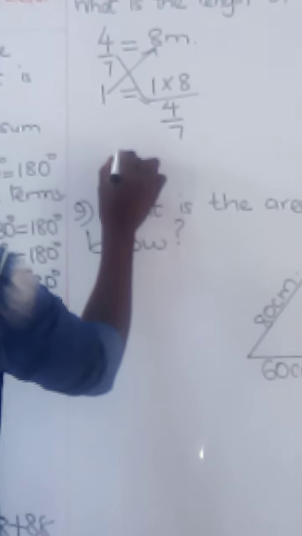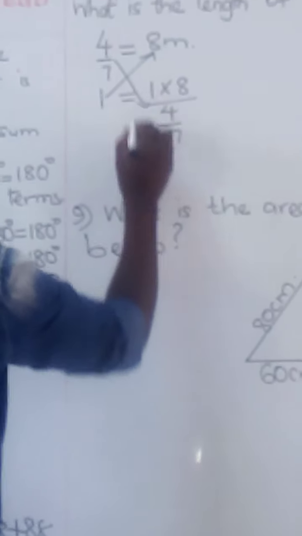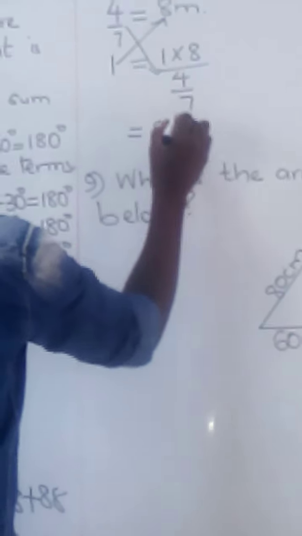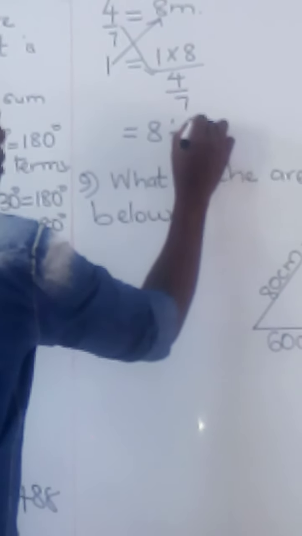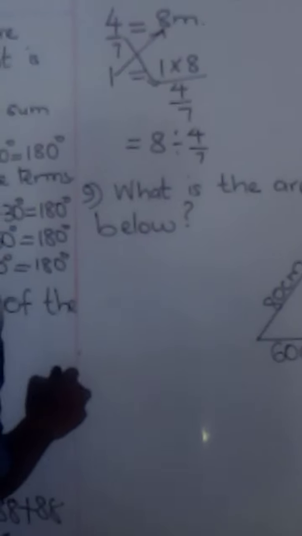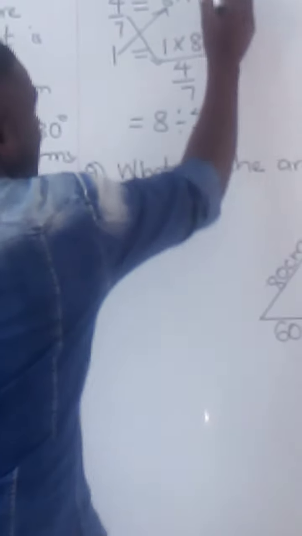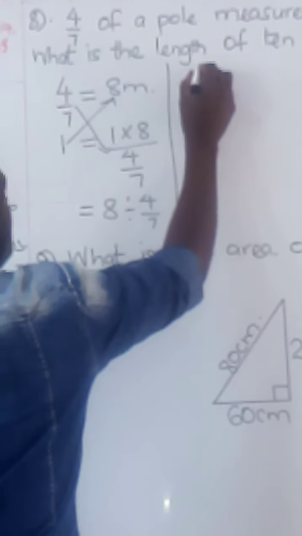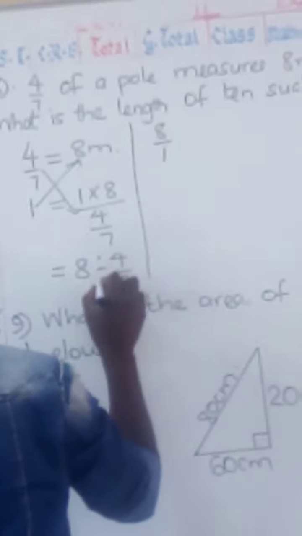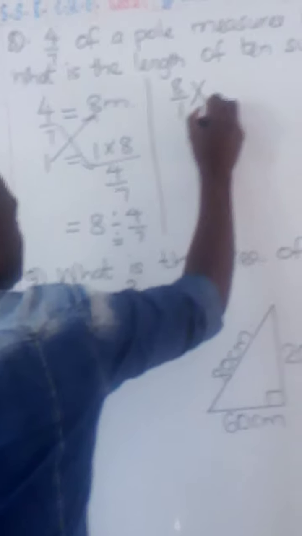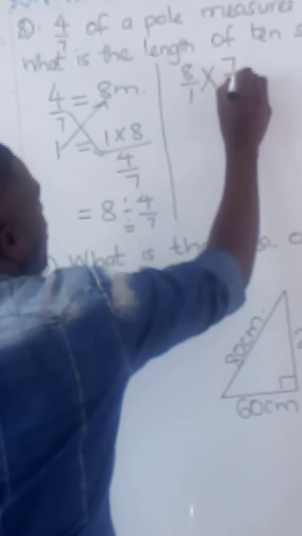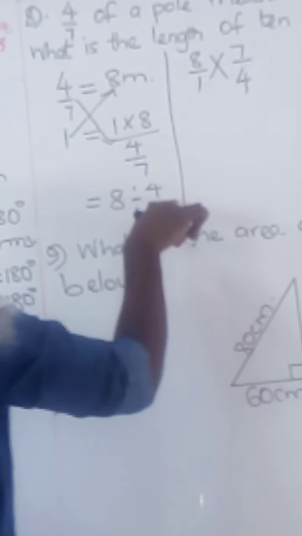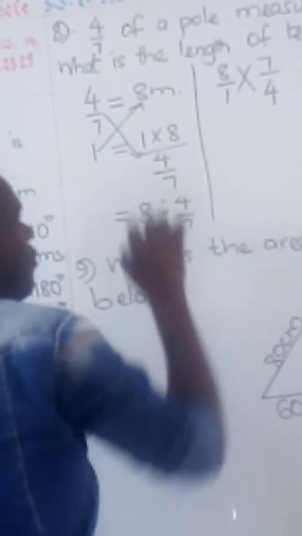So that brings us to 8 times 1 is 8, divided by 4 over 7. We bring this sum here. It will be 8 over 1. We change the sign. Times 7 over 4. The reciprocal of 4 over 7 is 7 over 4.